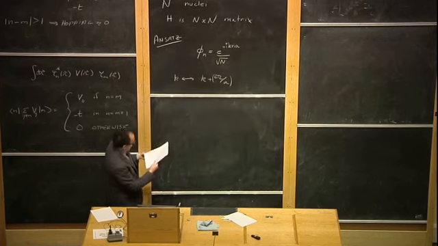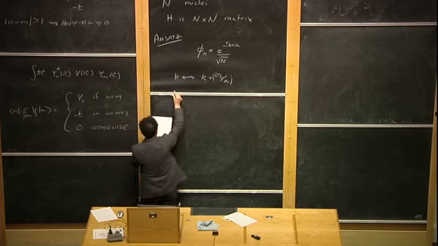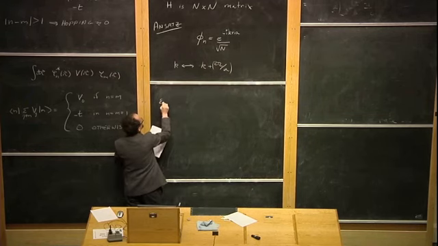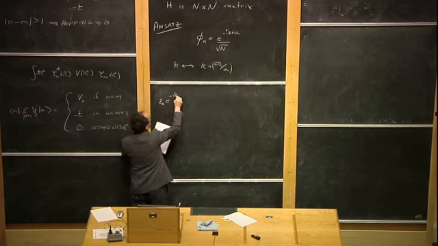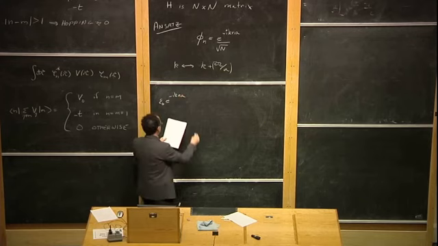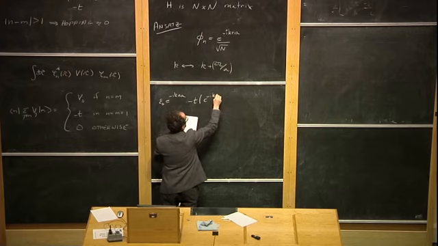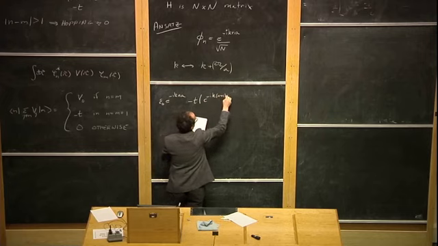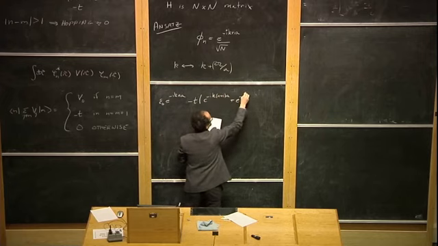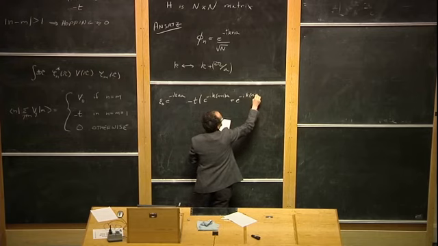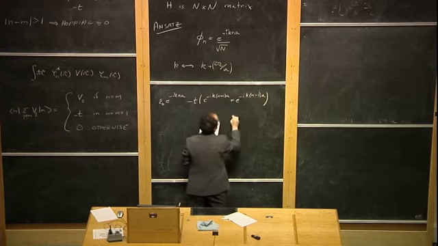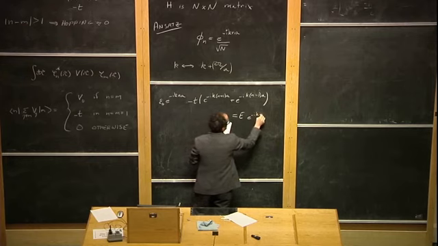So let's take our ansatz and plug it into that Hamiltonian. One step here, we get E naught e to the minus i k n a minus t e to the minus i k (n plus 1) a plus e to the minus i k (n minus 1) a equals E e to the minus i k n a.